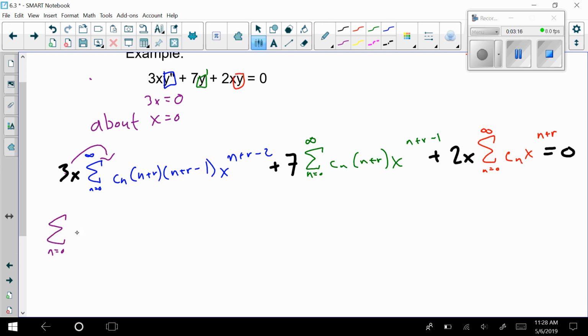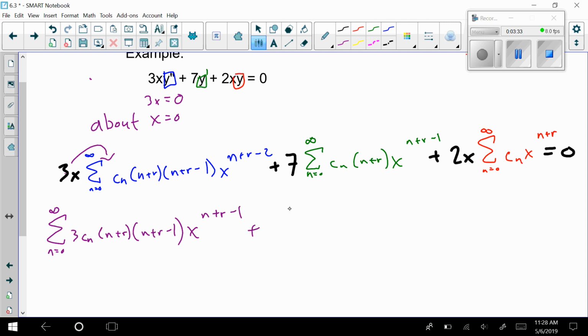So I have the summation from n equals 0 to infinity of 3 c sub n, n plus r minus 1, x to the n plus r minus 1.